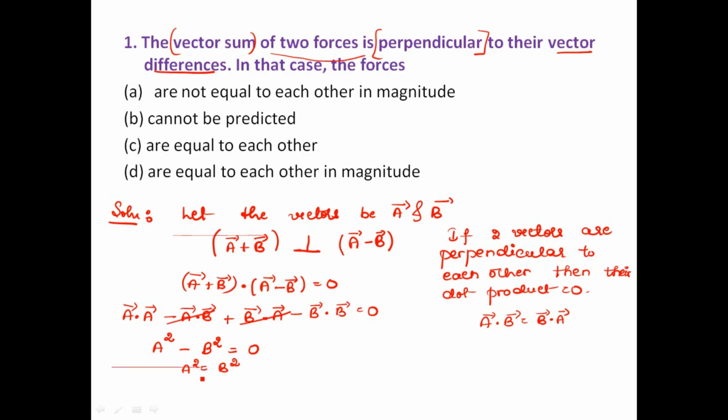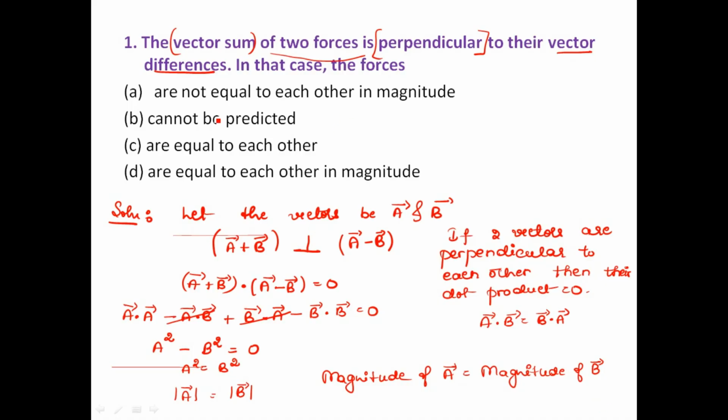What we have seen is magnitude of vector A will be equal to magnitude of vector B. Their magnitudes are equal. Okay, so we have got the answer for this.